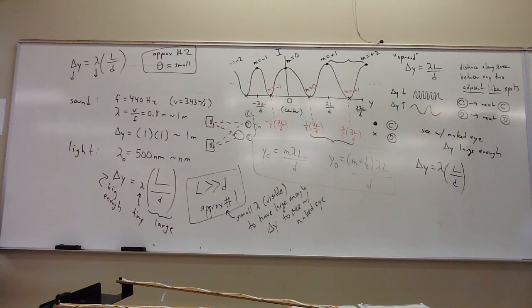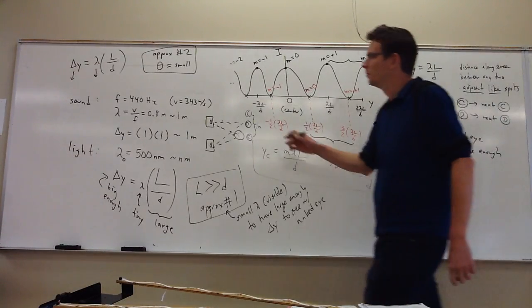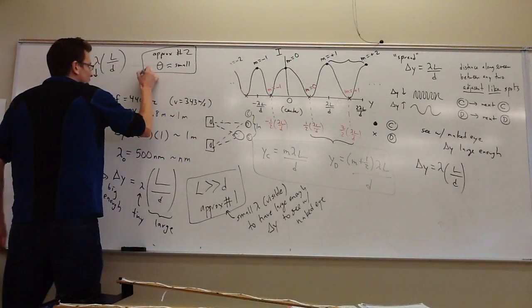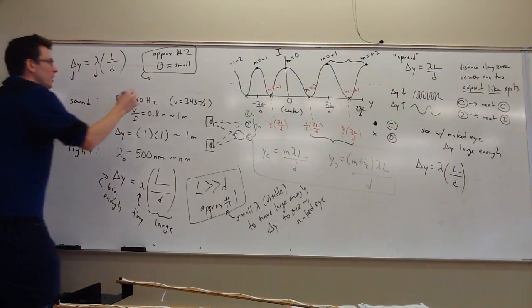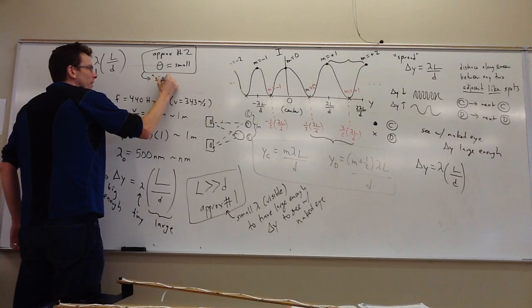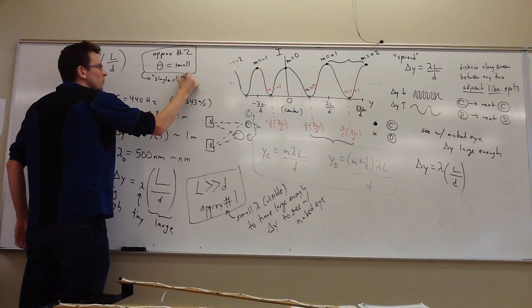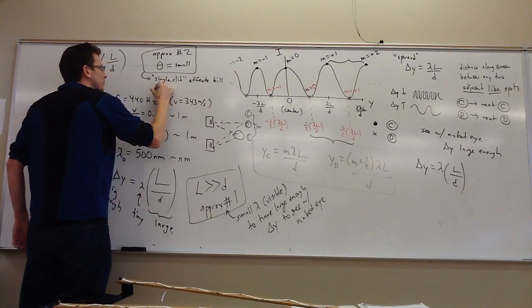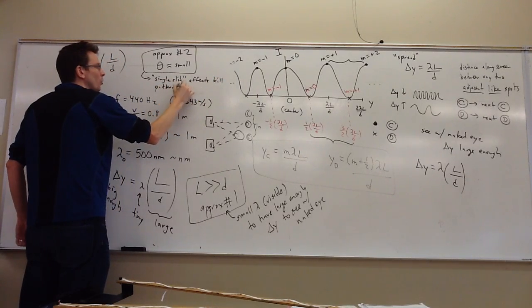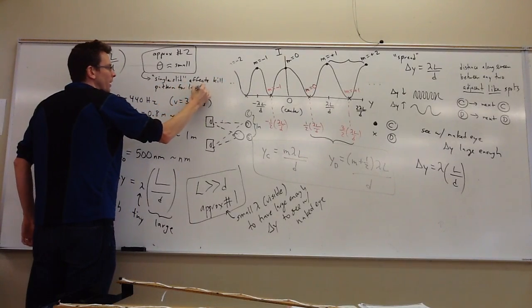So the question then is, what is it that kills that pattern anyway for larger angles? I'm going to jump the gun and kind of tell you what the next topic is that we're going to be talking about. Something called single slit effects kill the pattern for larger angles anyway.